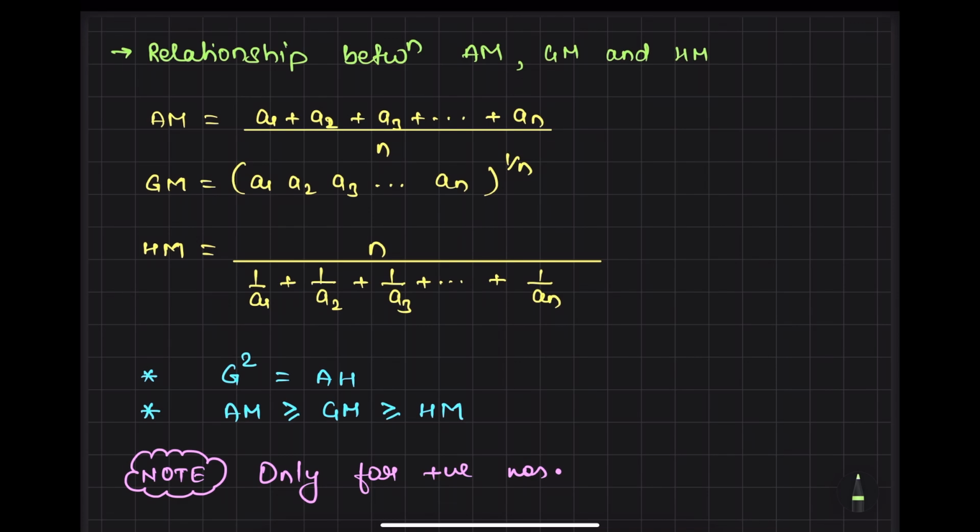The moment I ask you to find the maximum or minimum of any function, you will end up opening the chapter named application of derivatives, correct? So if I ask you to find a minimum or maximum, your first filter should be AM GM HM. If it is not applicable, then you go with the second concept, that is application of differentiation. And how would you know that you can apply AM GM HM? If the elements are positive, it means you have to apply AM GM HM.